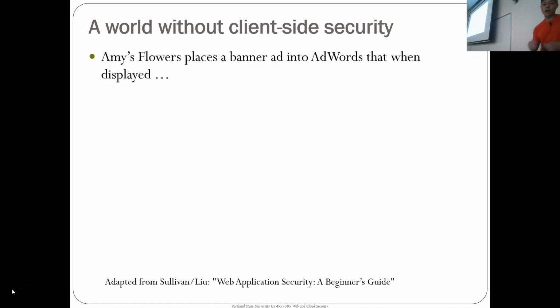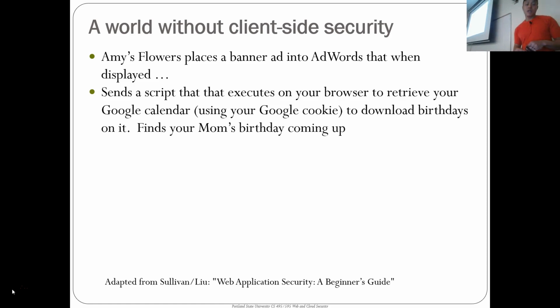You could have a flower shop placing a banner ad into AdWords, and then when you as a victim go to a site that shows that banner ad, the ad could send you a script that executes on your browser to retrieve your Google Calendar using your Google cookie, assuming that you're on a Google site, to download any of the birthdays that you have on your calendar, and then of course it'll find that, oh yeah, mom's birthday is coming up.